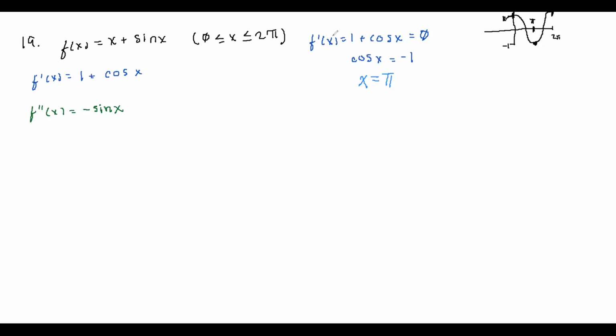We want f prime to be equal to 0. So 1 plus cos x is equal to 0. Then, if that's true, then cos x must be equal to -1. What is x when cos x is equal to -1? X is pi. That was our train of logic. Okay.